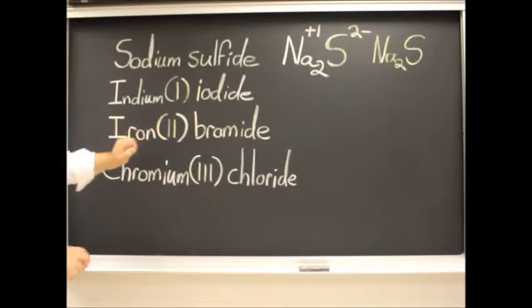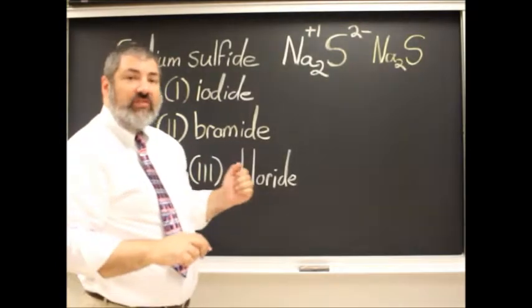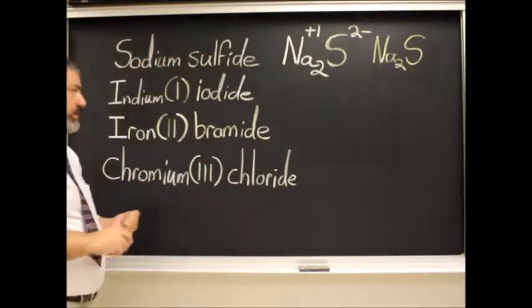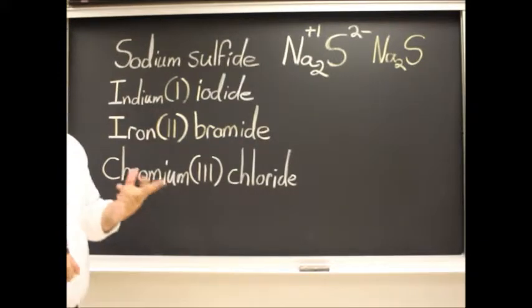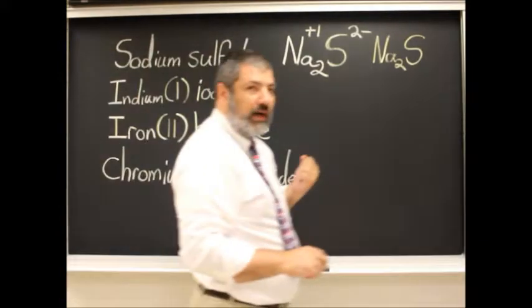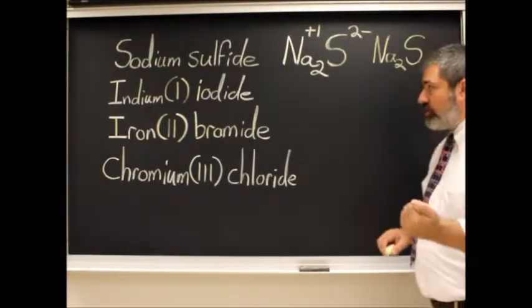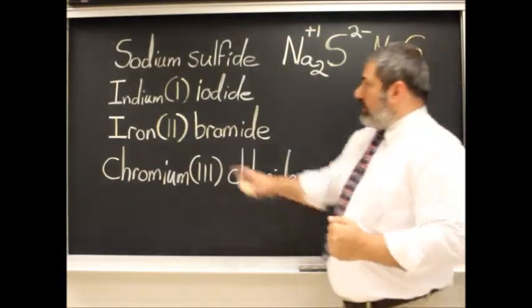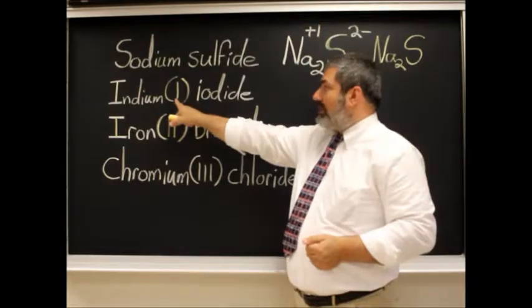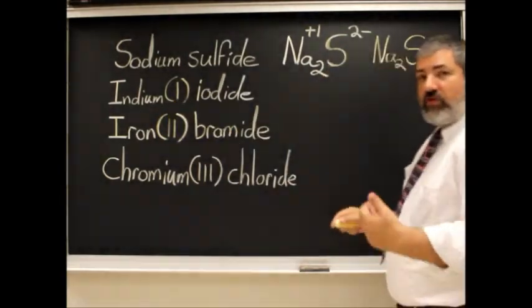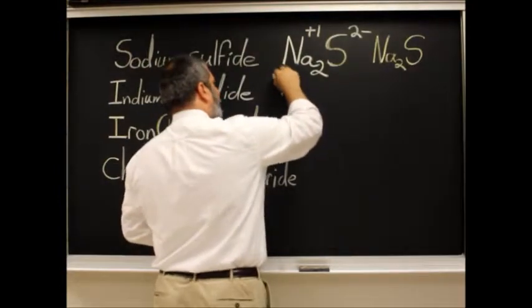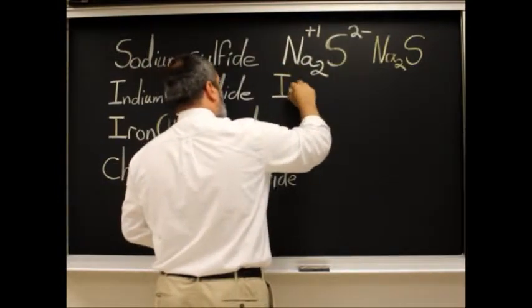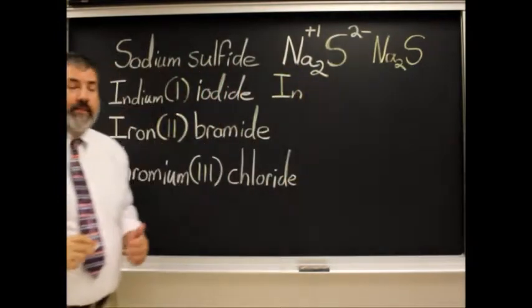Indium-1 iodide. Indium is in group 13 on the periodic table. What that means is it can have a +1 or a +3 oxidation state, a charge. In this name, you're explicitly told this is indium-1, so there's no ambiguity. Indium has the chemical symbol In.